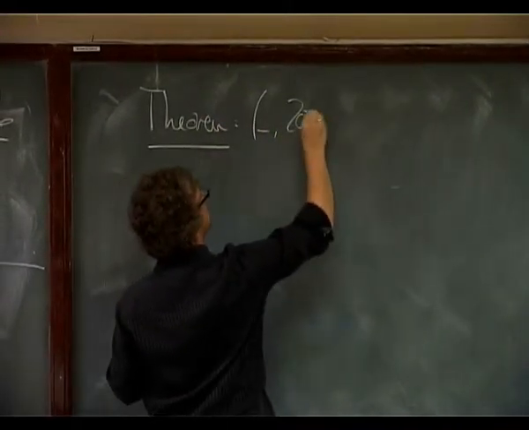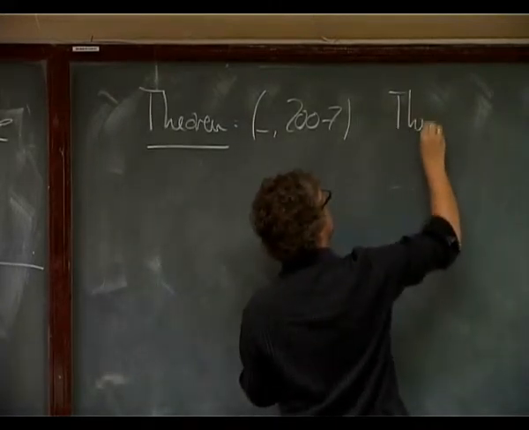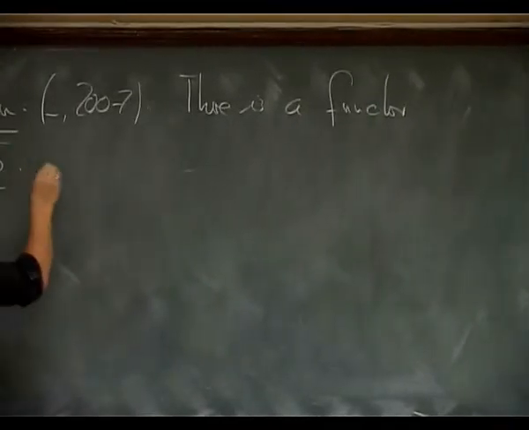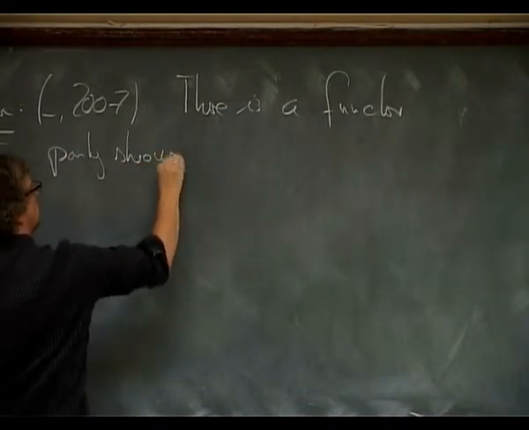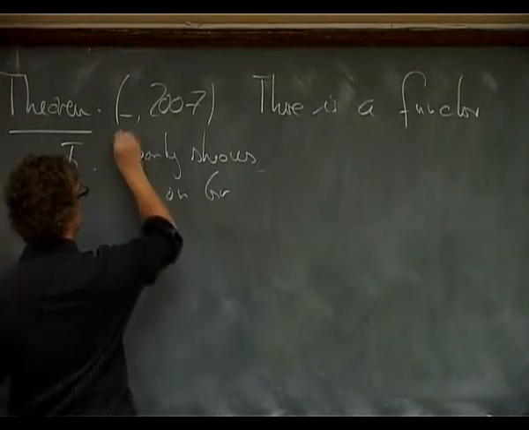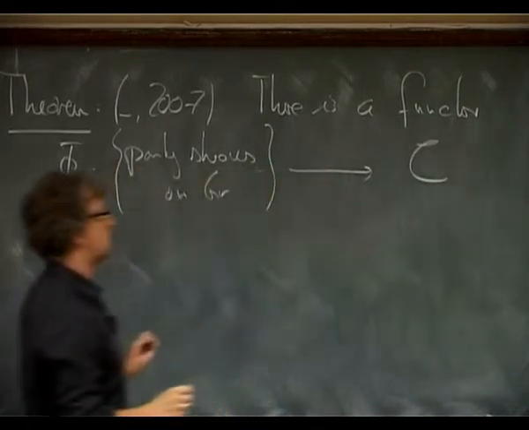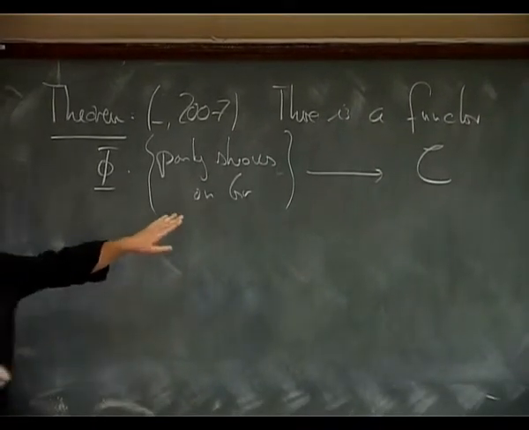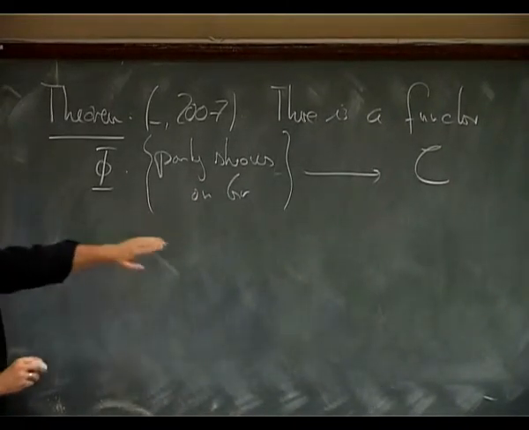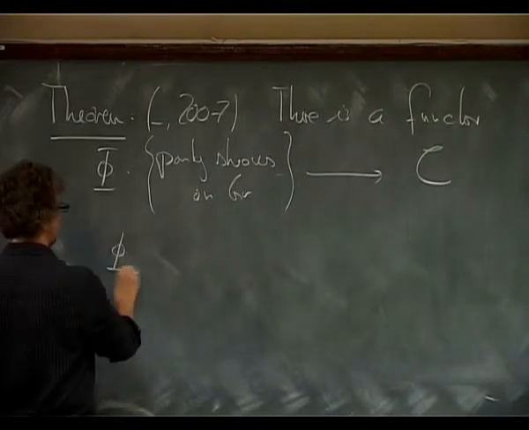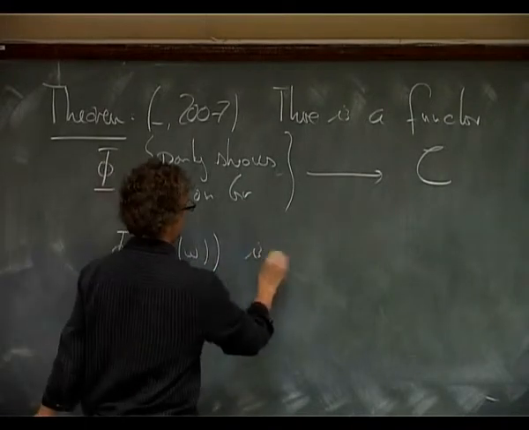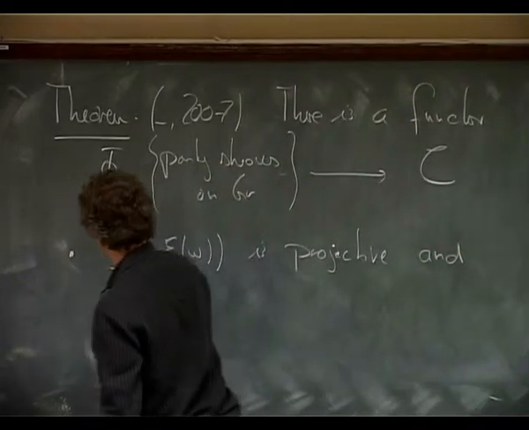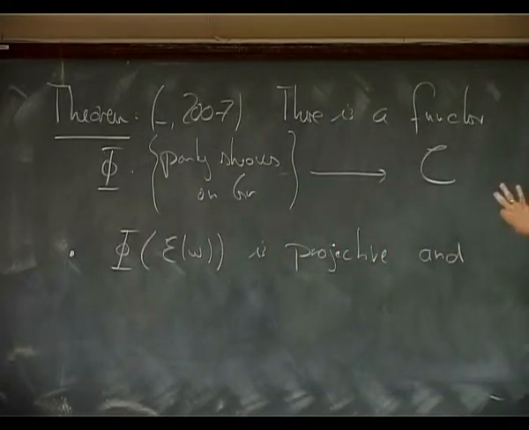So this is from 2007. There's a functor phi from parity sheaves on the affine Grassmannian to the category C. This is the Harish-Chandra category of g-modules, Lie g-modules, from parity sheaves to this category, such that phi of E_w is projective, and so this lands inside the projective objects there.